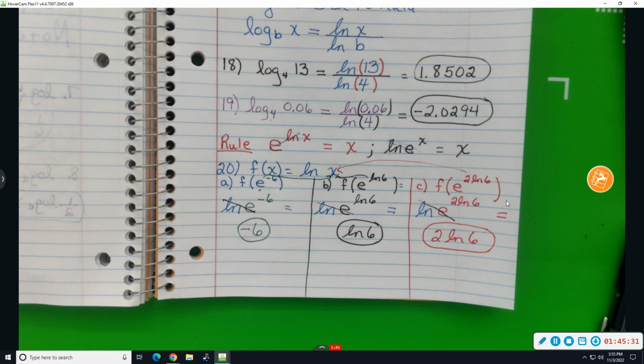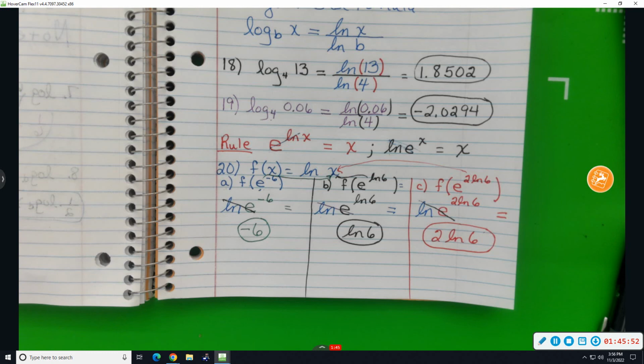Why wouldn't that go up and factor down to ln 6 to the second? Oh, perfect. Yes, you can. You've mastered it. You could certainly write it as ln 6 squared, and if you're going to do that, you may as well replace the 6 squared with 36.